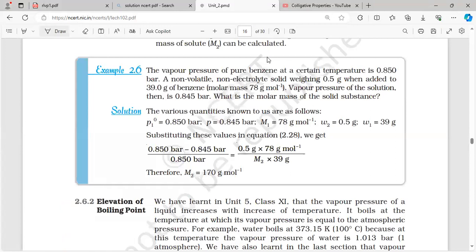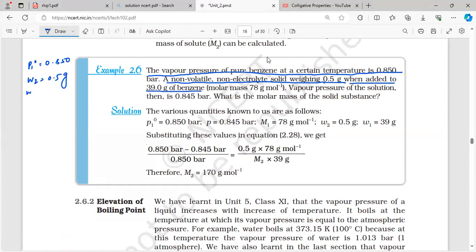Okay. The question they have said: the vapor pressure of pure benzene at a certain temperature is 0.850 bar. So P1 naught is 0.850. Next, a non-volatile, non-electrolyte solid weighing 0.5 gram, so W2 is 0.5 gram, when added to 39 gram benzene, so W1 is 39 gram benzene.